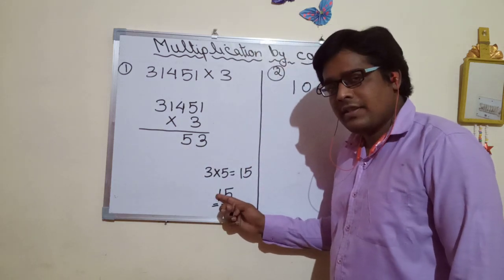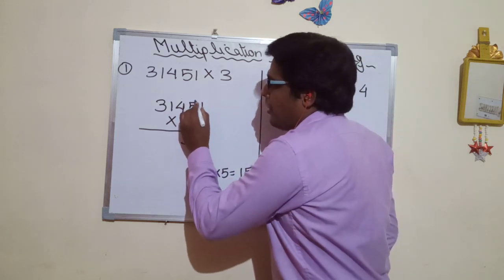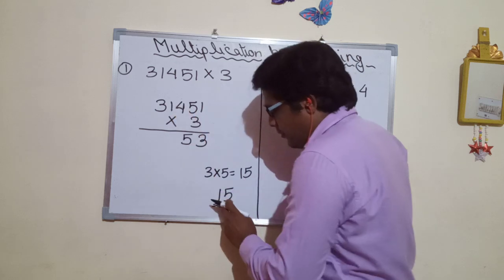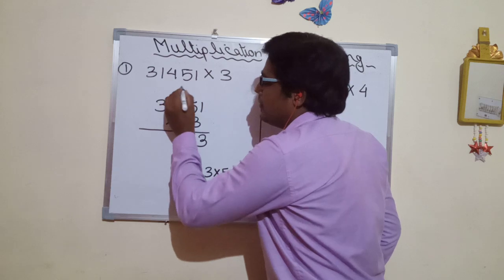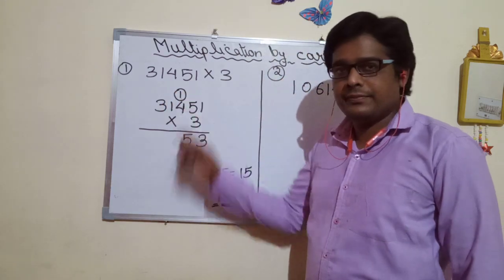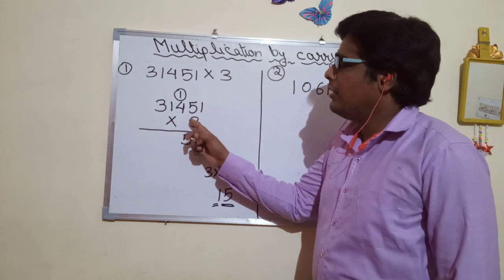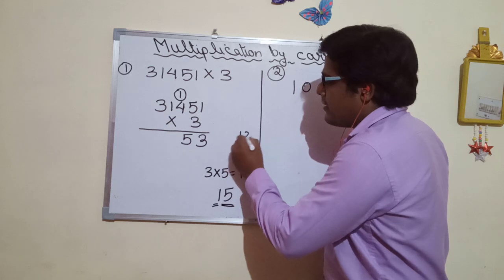And the number which is in tens place will be carried on the next number, that is after 5 we are having 4. So this 1 will be carried over 4 and circle it. Now multiply 3 by 4. 3 fours are 12.